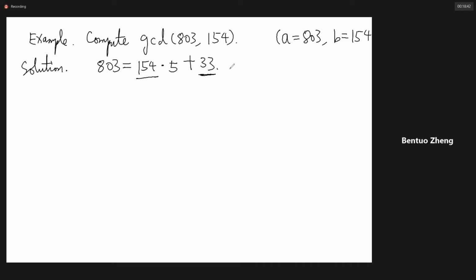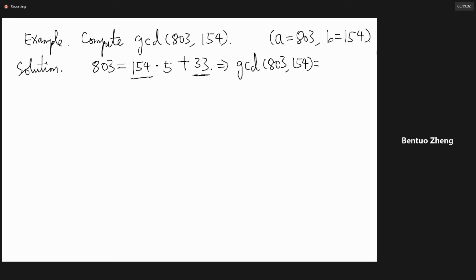So this implies, by the lemma, that the greatest common divisor of 803 and 154 is equal to the greatest common divisor of 154 and 33. You can see B is the same, but we use the remainder 33 to replace the larger number A, 803. So this is the first application of the lemma.